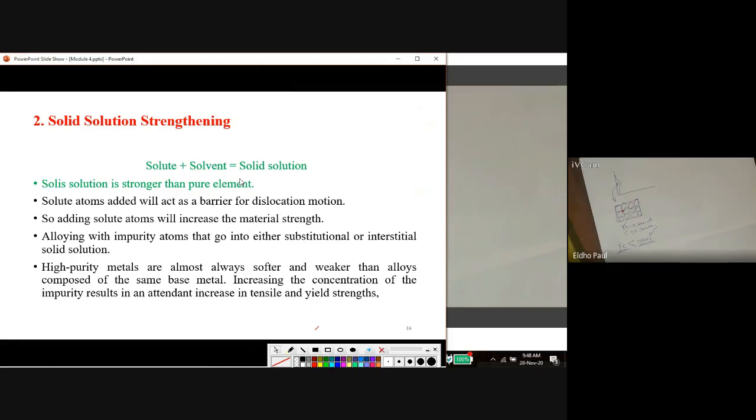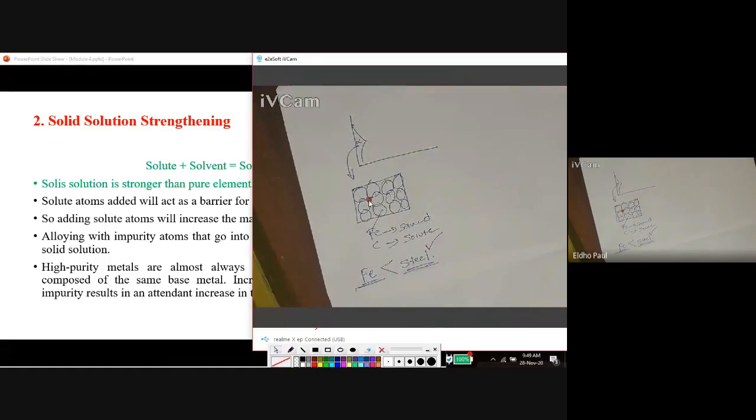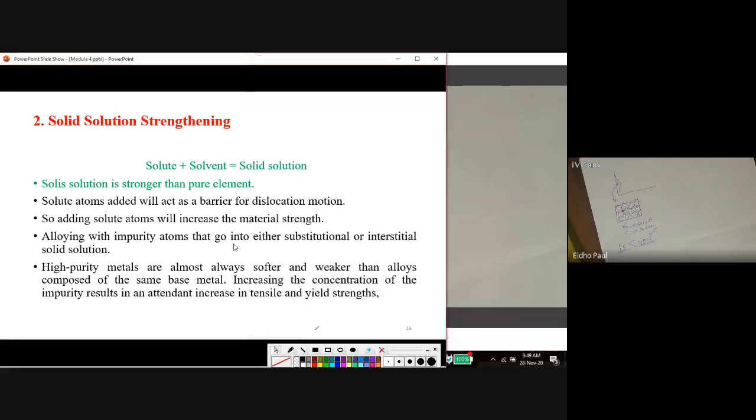Okay, so how does this solid solution improve the strength? Here, we add solute atoms, for example interstitial carbon atoms.